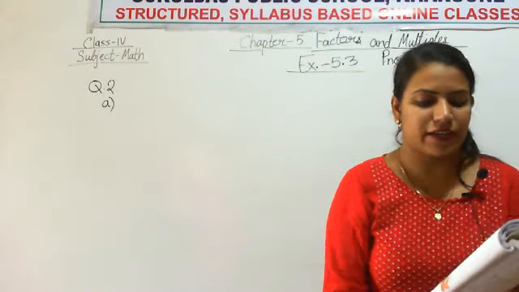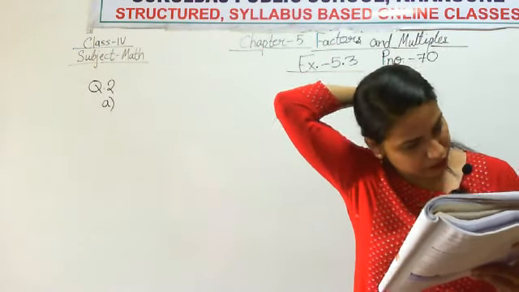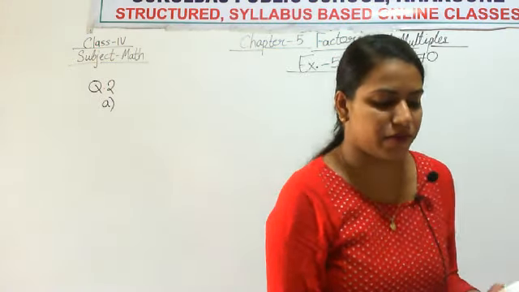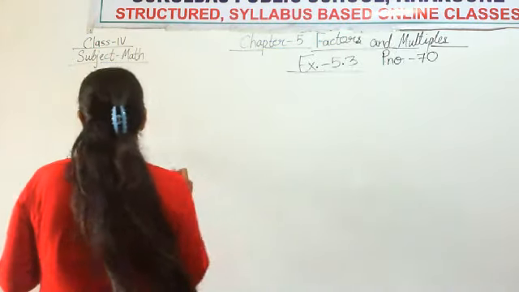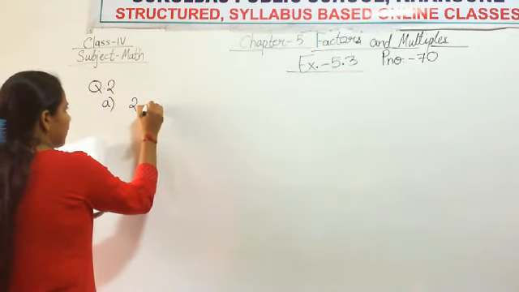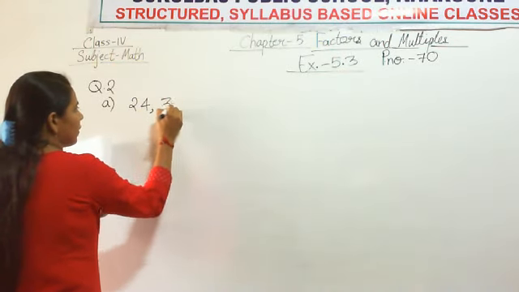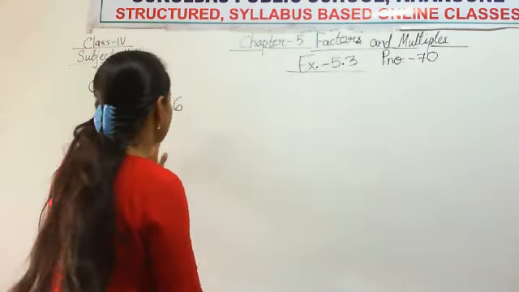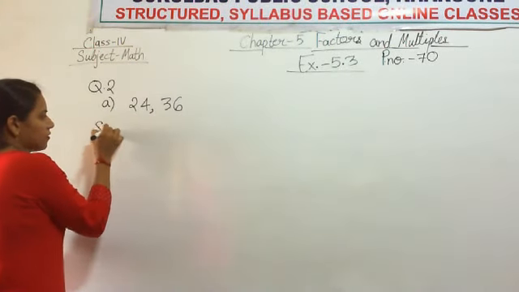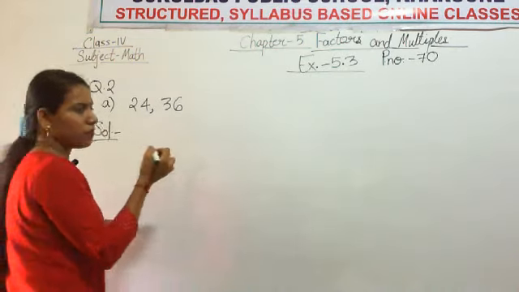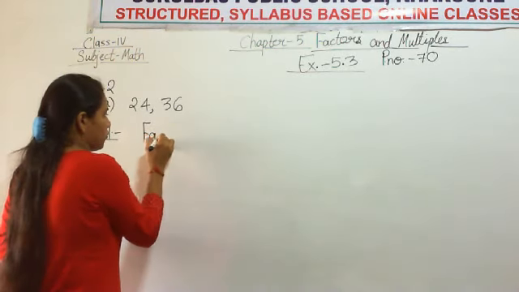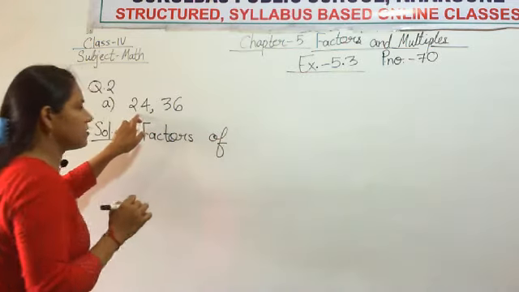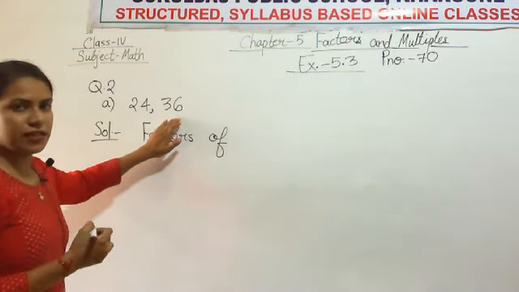Find the common factors of the following pairs of the numbers. Here two numbers are given, 24 and 36. So what is the first step? First step is writing factors for both the given numbers. So here given numbers are 24 and 36.